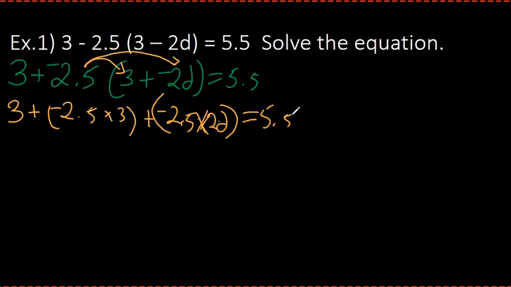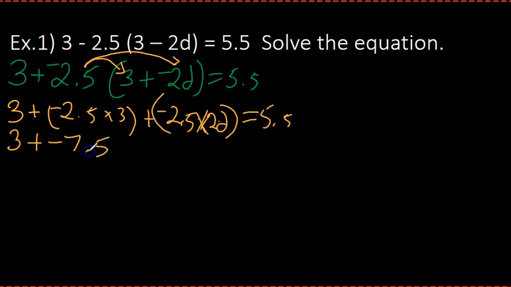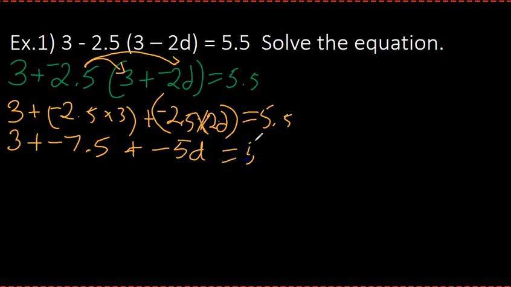Okay, so now let's multiply them inside that parenthesis. 2.5 times 3 will give you negative 7.5. And then negative 2.5 times 2d should be negative 5d, equals 5.5.